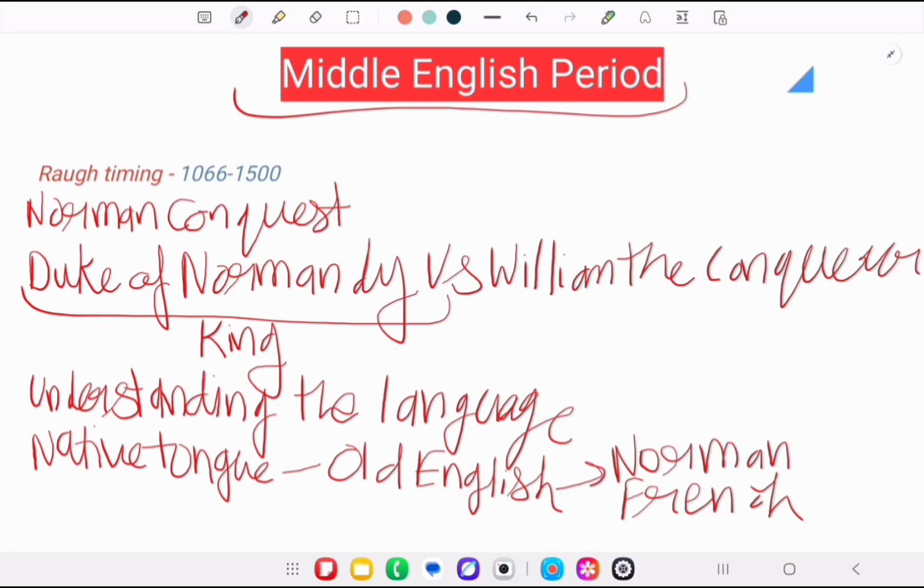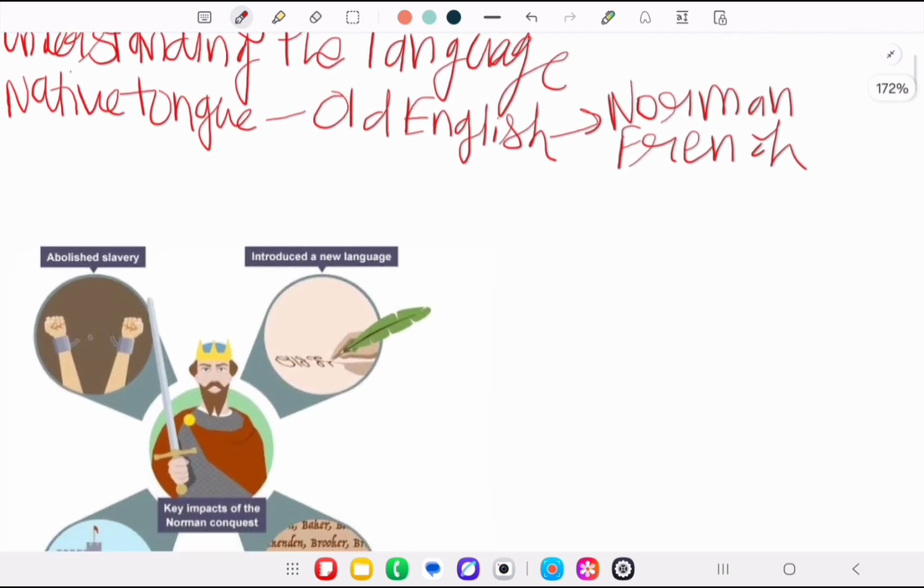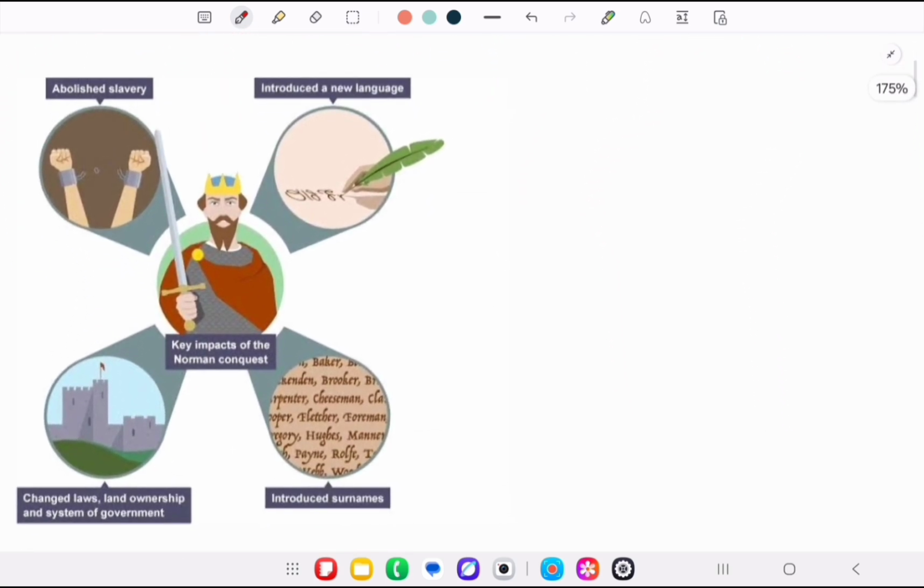As per changes in the period of ages, their writing styles also changed. And we can see here the key impacts of the Norman conquest. At first, the obliged slavery.